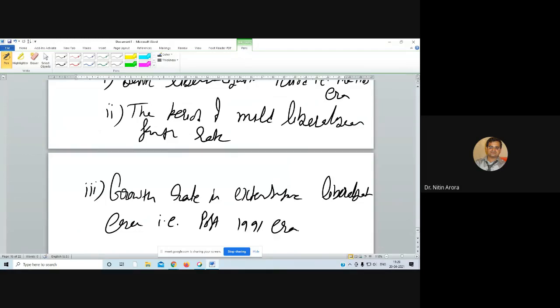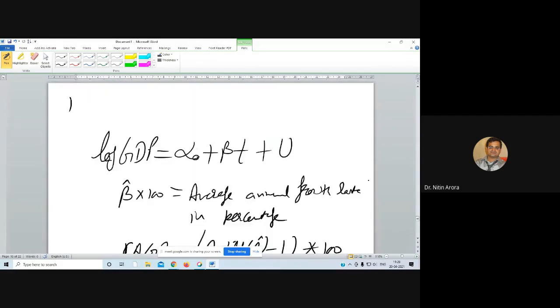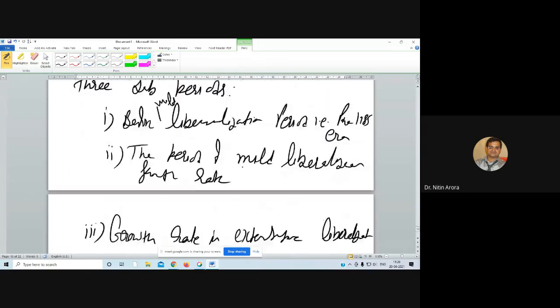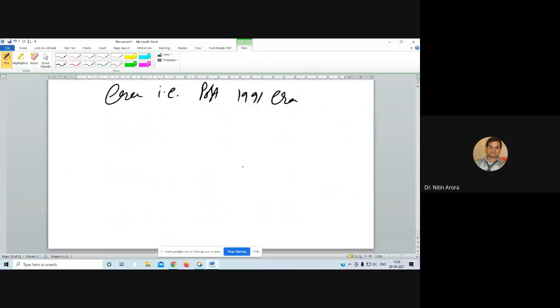The three growth rates are required now, though the entire growth rate we have already computed with the above regression, log GDP regressed upon T. Now we need to estimate a piecewise linear regression so that we can estimate three separate growth rates.